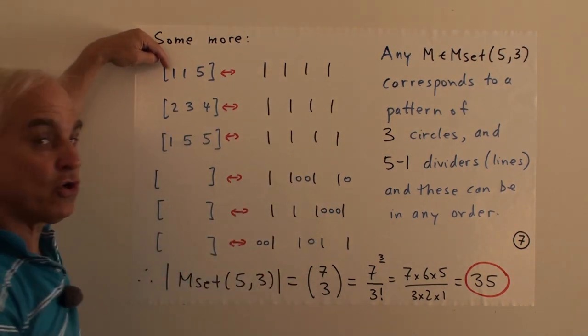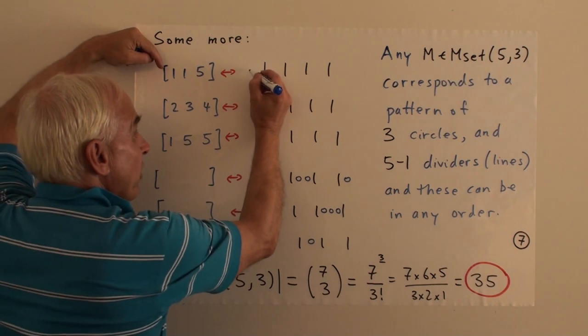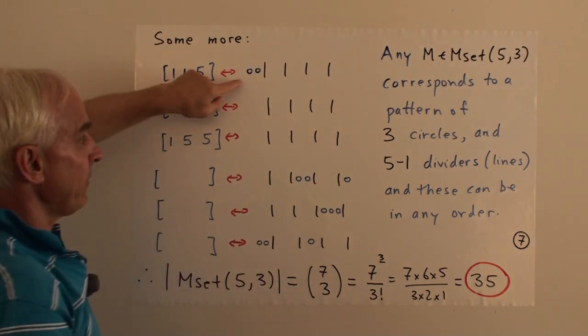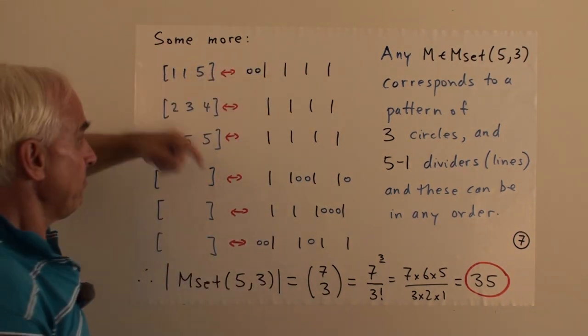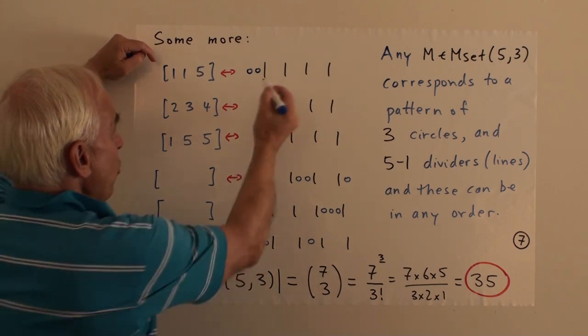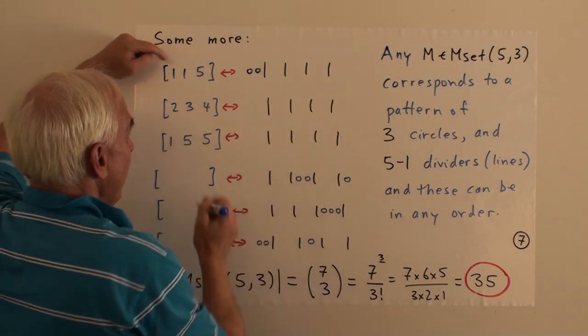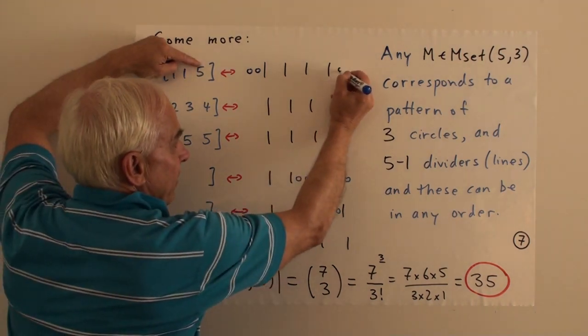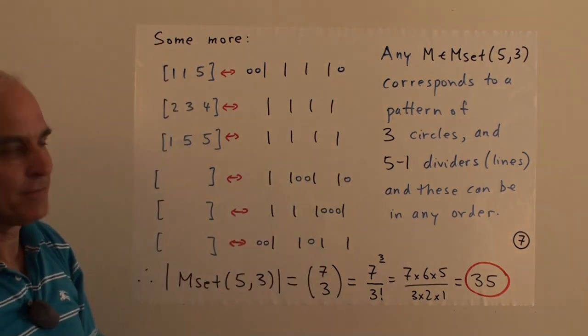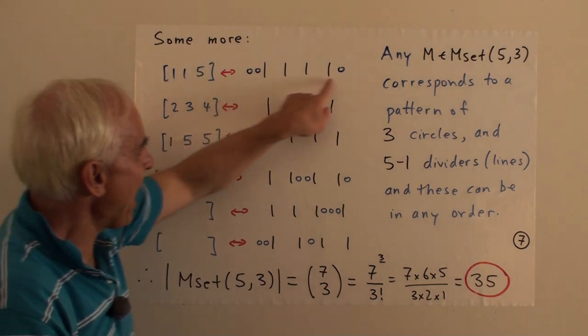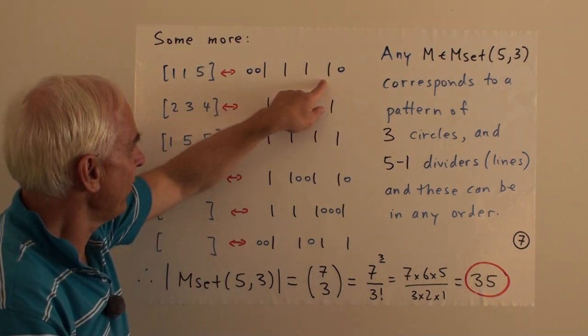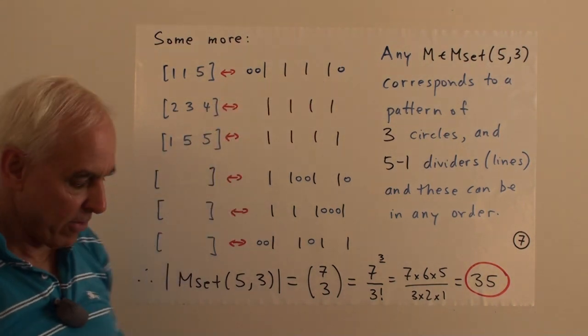Over here we have 2 1s, so we're going to put 2 circles in the M1 box, the first box. There are no 2s, so that's going to be empty. There are no 3s, there are no 4s, and there's a single 5 that goes there. So this pattern of circles and dividers represents this.